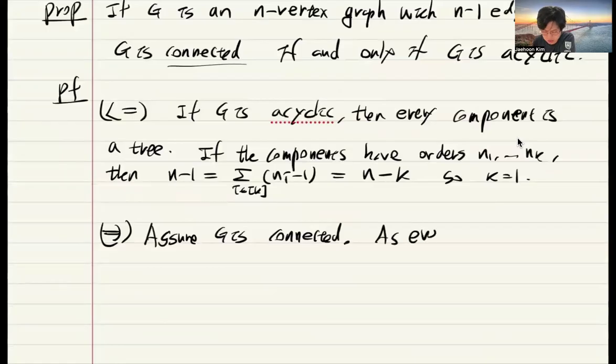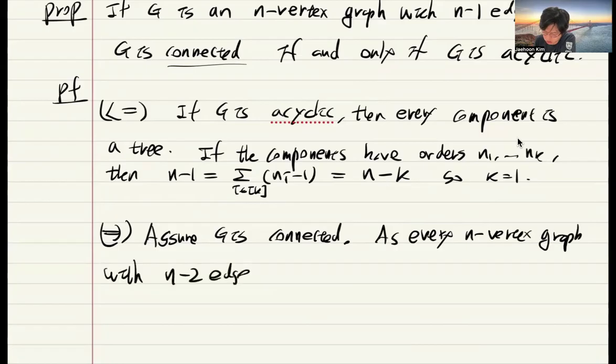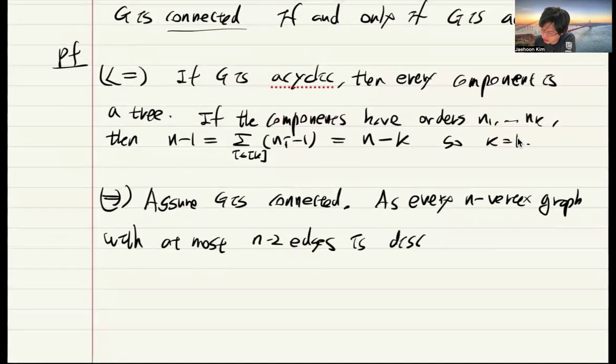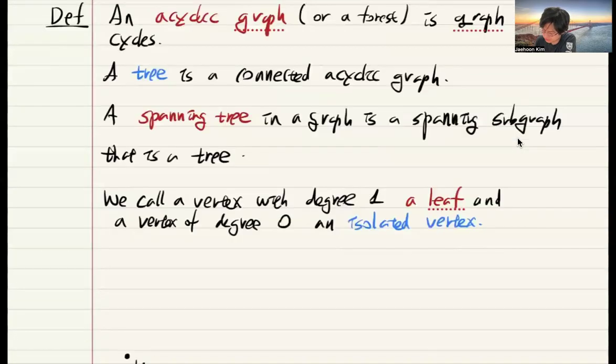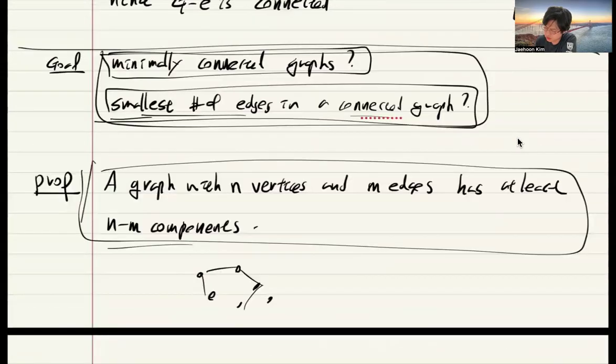But as every n-vertex graph with at most n minus 2 edges is not connected, it's disconnected. That's what we know from the previous proposition.